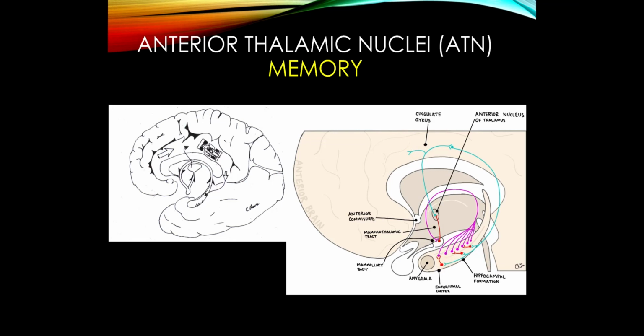When we talk about how memory works in a lecture that's coming up soon, we'll explain this in a little more detail, but the anterior thalamic nucleus is a part of that circuitry, so there is an important function there in terms of memory, laying down new memories.